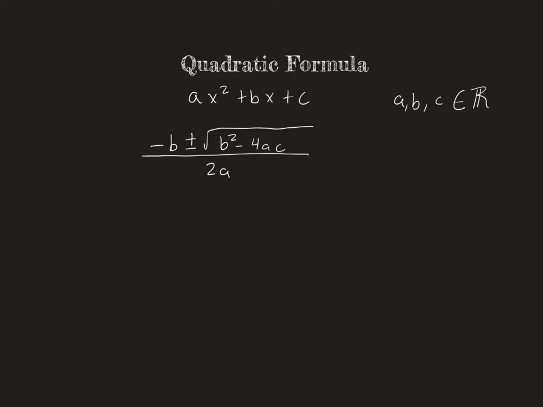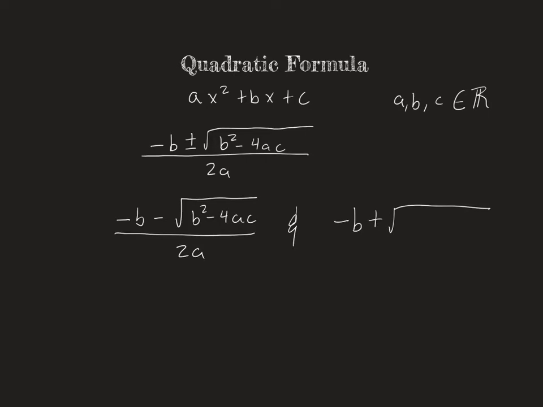Now, whenever you're dealing with the quadratic formula, you have the plus or minus. This actually means that you're going to be dealing with negative b minus the square root of b squared minus 4ac all over 2a, and then you're also going to be dealing with another case, negative b plus the square root of b squared minus 4ac all over 2a.